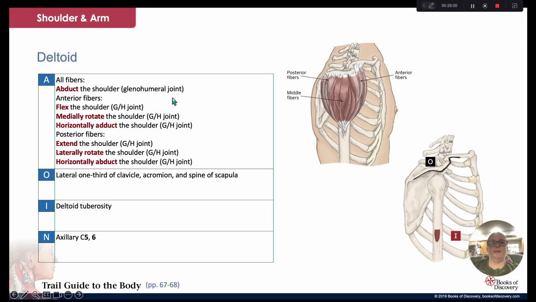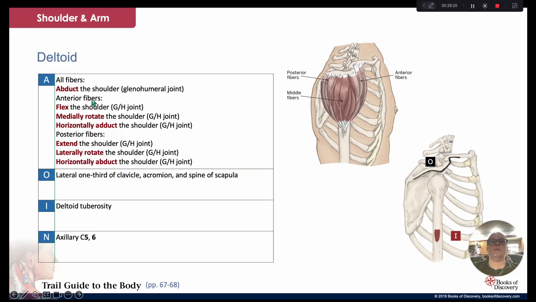All right. The fibers of the deltoids. So all the fibers will actually abduct the shoulder and bring it away from the body. Now we're talking about these anterior fibers. There's a picture here kind of breaking up each section. Anterior is going to be in the front, yes. Middle fibers are going to be central on the deltoid, more lateral, I guess I should say. And the posterior fibers are going to be in the back.